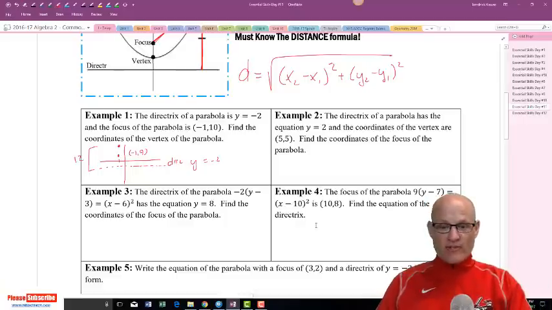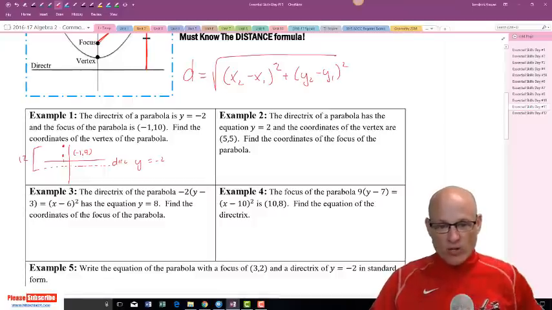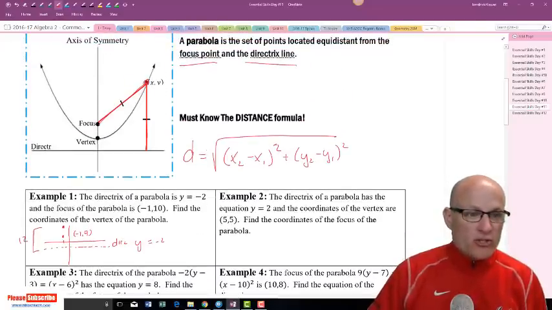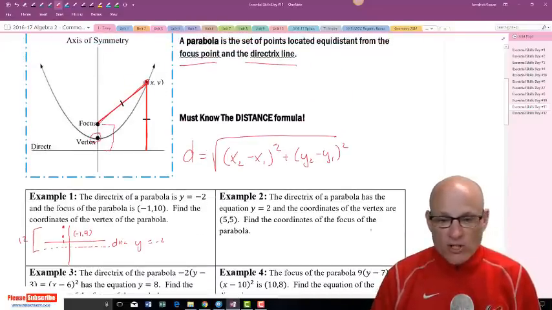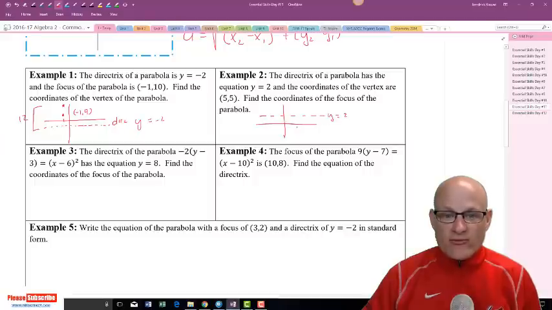All right, let's talk about this next one. The directrix of a parabola has the equation y equals 2, and the vertex is (5, 5). Find the coordinates of the focus. Again, don't forget, the vertex is halfway in between the focus and the directrix. So if I plot these, y equals 2, and the vertex is (5, 5).